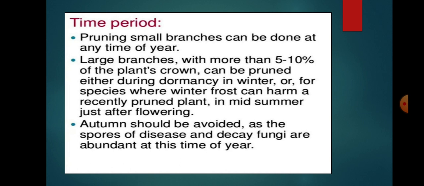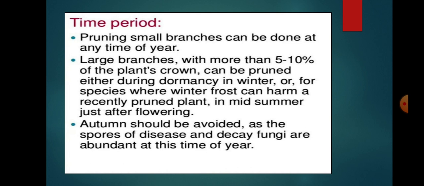Next, why is it not done in the rainy or autumn season? It should be avoided, as disease spores, fungal or bacterial, are active in that period due to the relative humidity and temperature suitable for their growth, and are abundant at this time of the year.